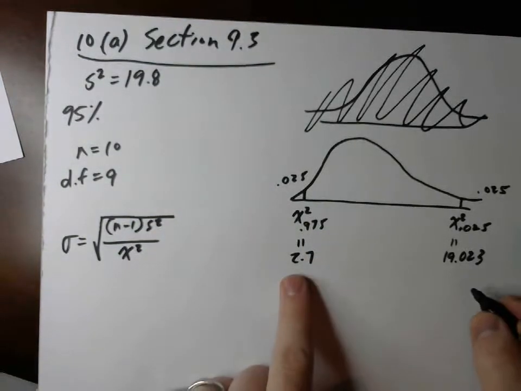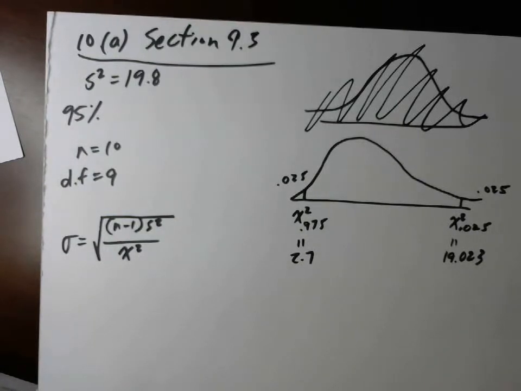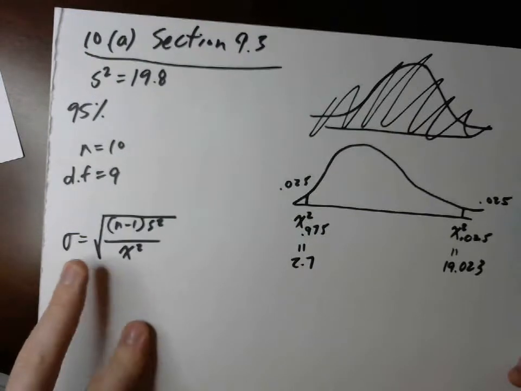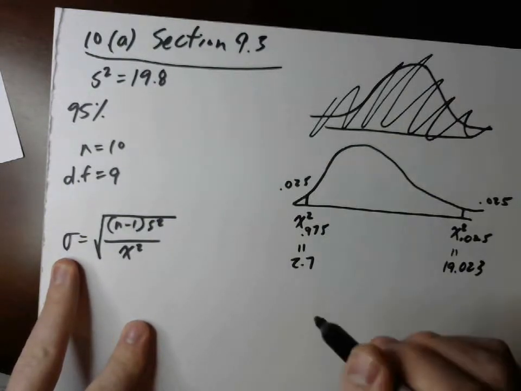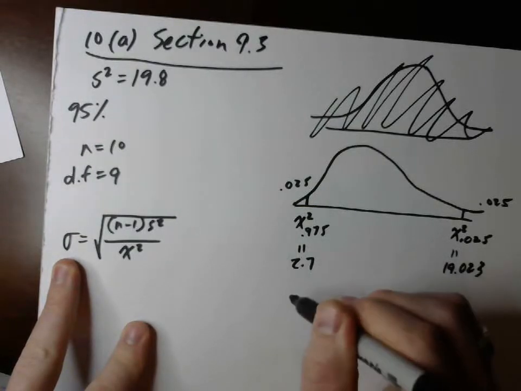Now we have two different chi-squares. If you think about it logically, if you divide by a smaller number, that will make your sigma larger, right? So the upper bound is actually derived with this 2.7.